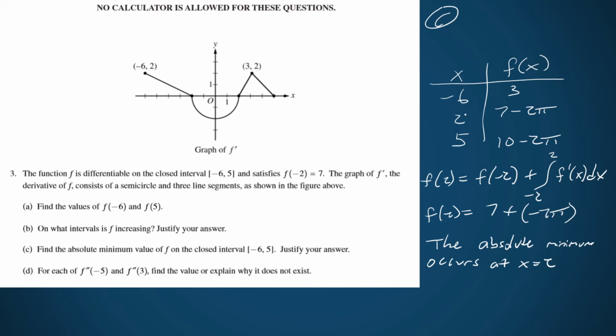So you told me orally, but can you tell me one more time? Why did you pick 2? Because f prime changes from negative to positive at that point.